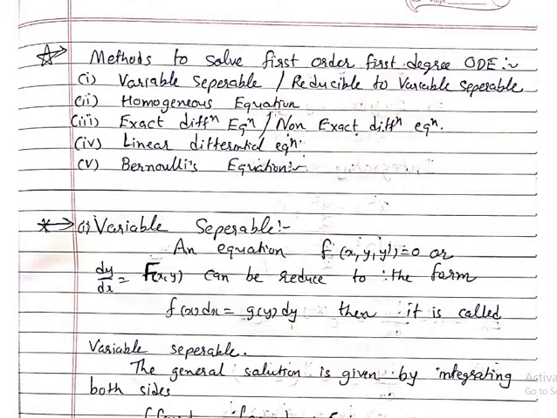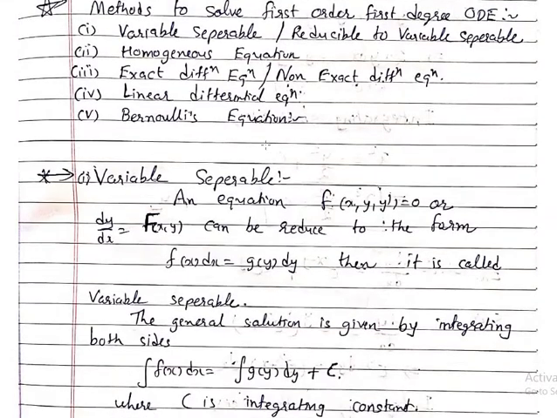The second one is homogeneous. The third one is exact equation and non-exact differential equation. The fourth one is linear differential equation. And the fifth one is Bernoulli. Bernoulli is basically reducible to linear. Some of them you have already learned in 11th or 12th, but we are going to repeat them.